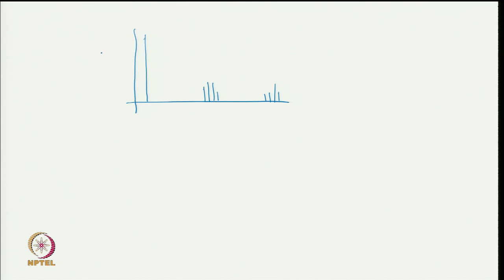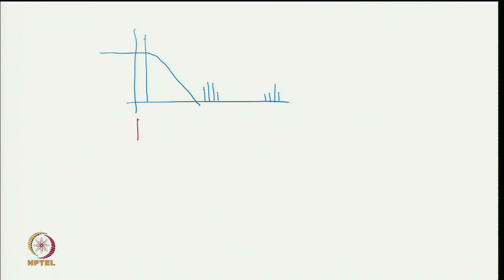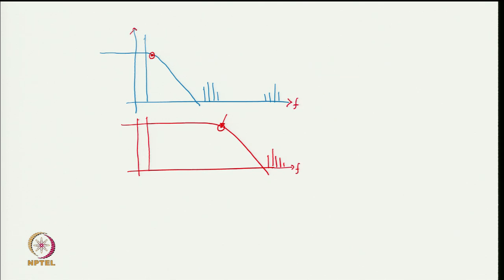So, we can design our filter such that the corner frequency is well ahead of the first band of harmonics. In another case, if we have a converter where the fundamental is here, but the harmonics are here, then the filter corner frequency can be set here. Earlier the filter corner frequency was here, now it is here. This is the harmonic axis, the frequency axis, and this is the amplitude.